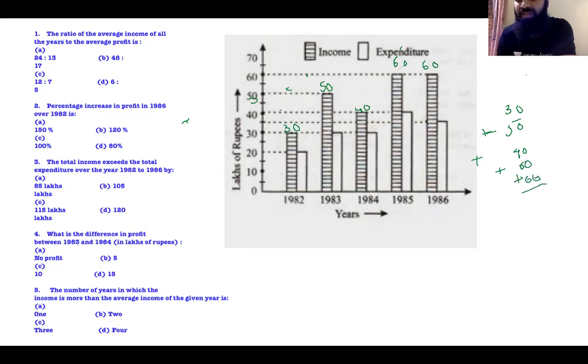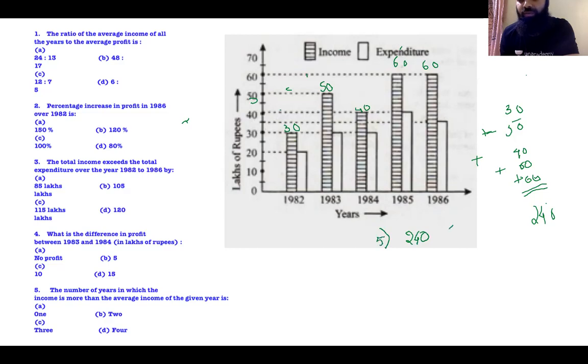So the answer is 240 is the total income. So if I have to find the average income, divide 240 by 5.